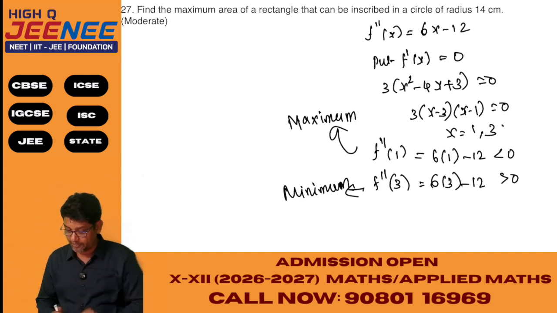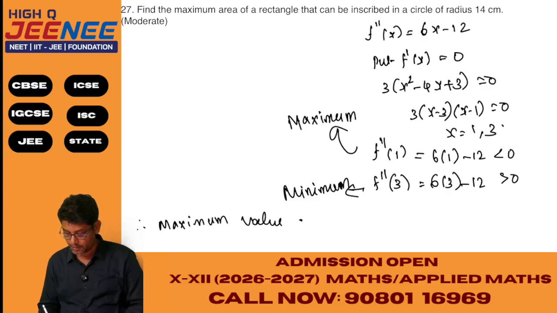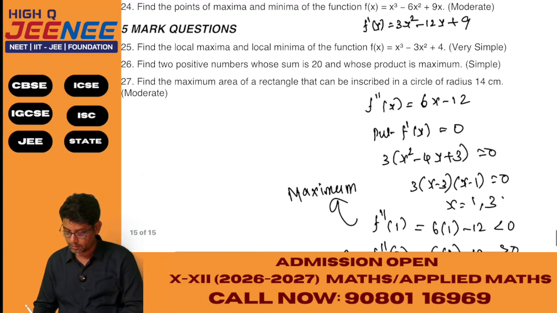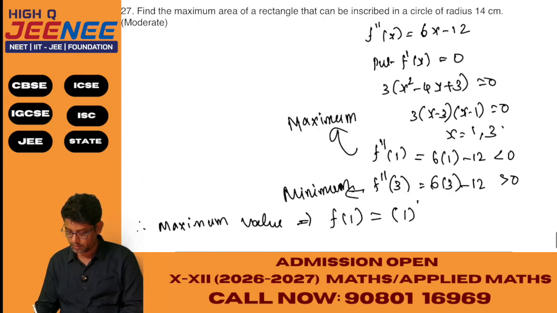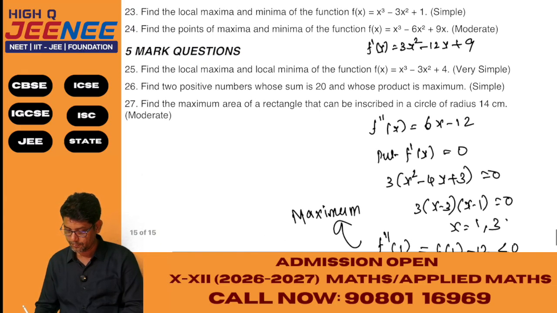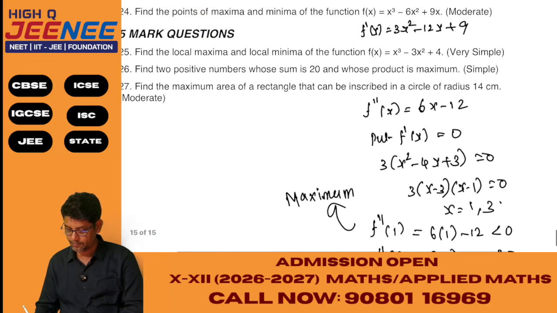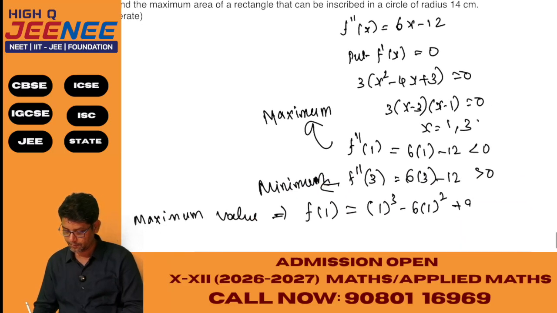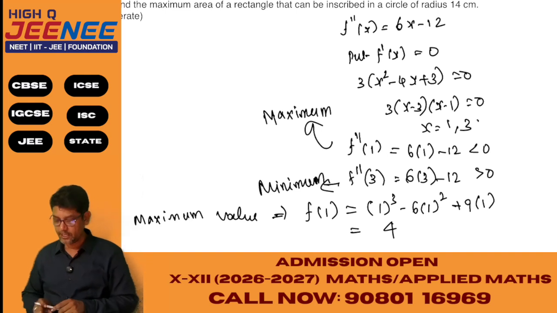So what is the maxima value? Therefore, maximum value f of 1 is equal to 4.